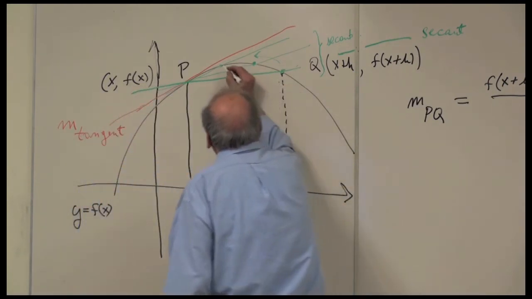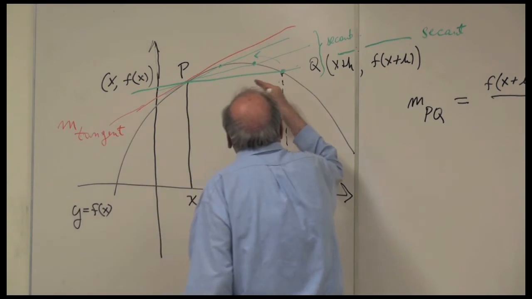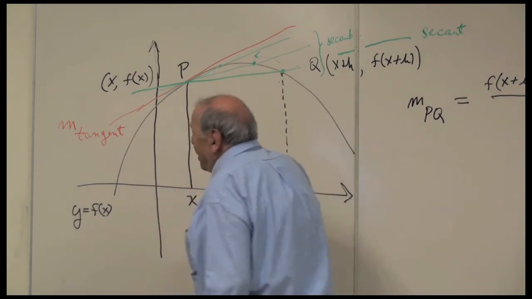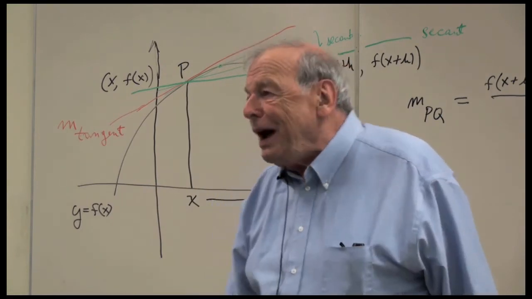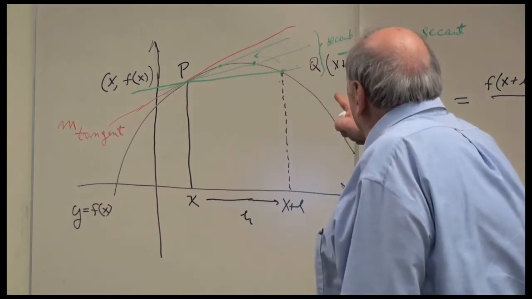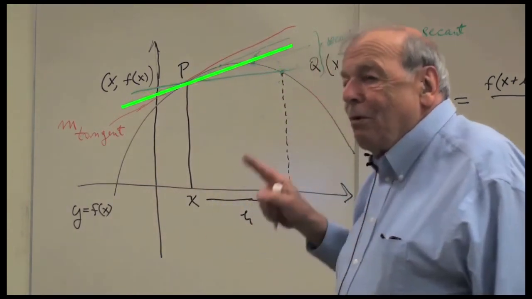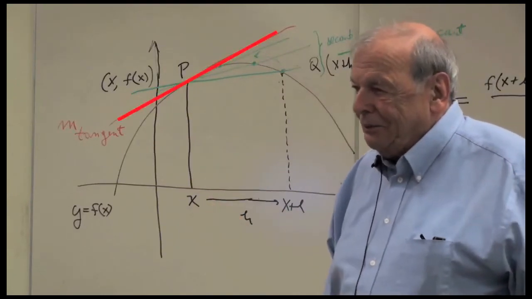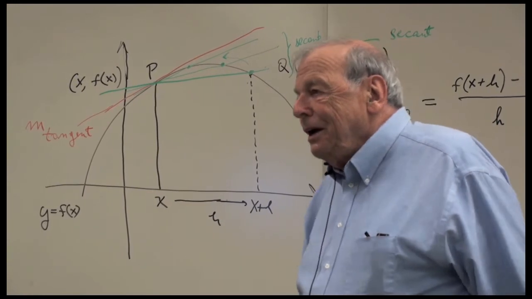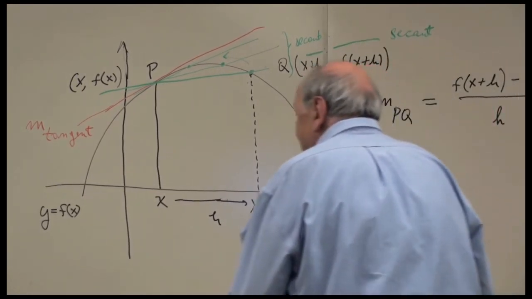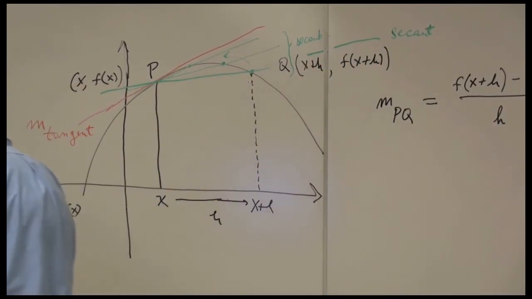Now, as Q gets closer and closer to P, I hope that I can persuade you that those green lines become more and more like the red line, so that in the limit, they actually become the red line. Let me write that observation down.